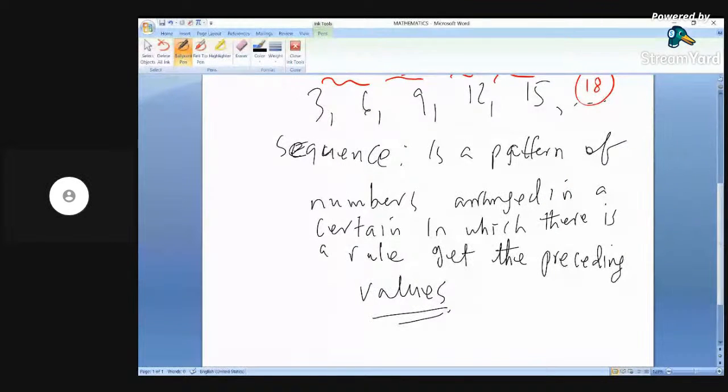And actually in a sequence, the numbers are going to be separated by commas.